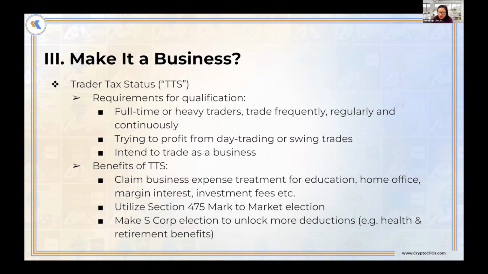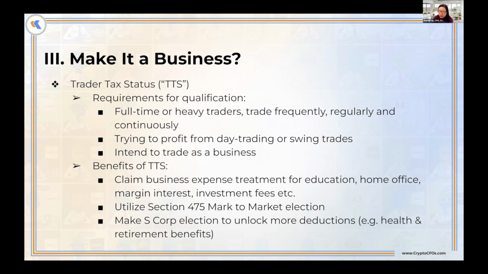If you qualify for that, you can enjoy some tax benefits that are not available to regular investors. Now, to qualify for trader tax status, you need to meet certain requirements, such as you need to be a full-time or a heavy trader.